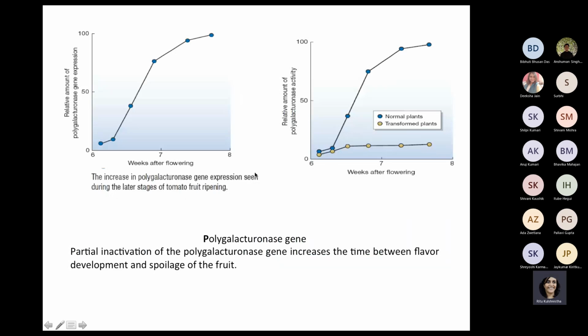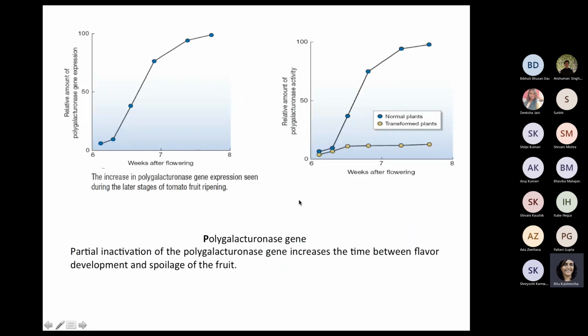This particular enzyme acts on pectin in the fruit coat, the cover of the tomato, and damages it. So one way was, how about we decrease the level of this particular gene, and get a transgenic plant which has low levels of it, so the fruit will not be spoiled.